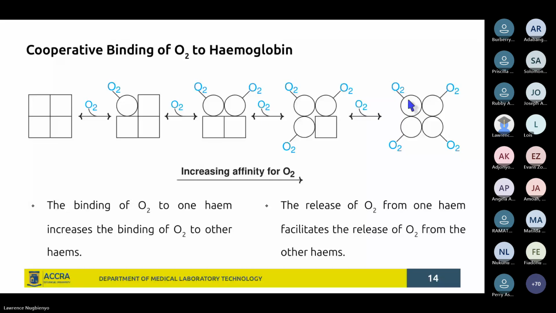Now, what we have just described is what we are referring to as the cooperative binding. Cooperative in the sense that when one oxygen molecule binds, it increases the affinity of the hemoglobin molecule to go for more oxygen. And that increase in affinity for oxygen continues as more oxygen molecules are binding until you have the hemoglobin molecule getting saturated.